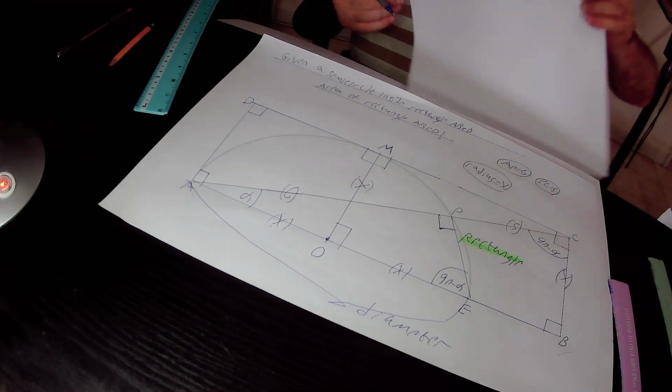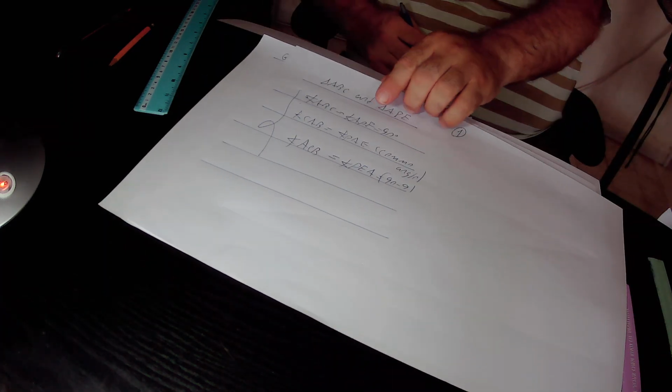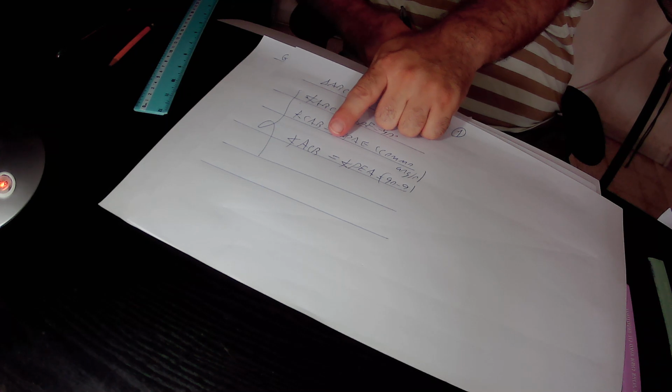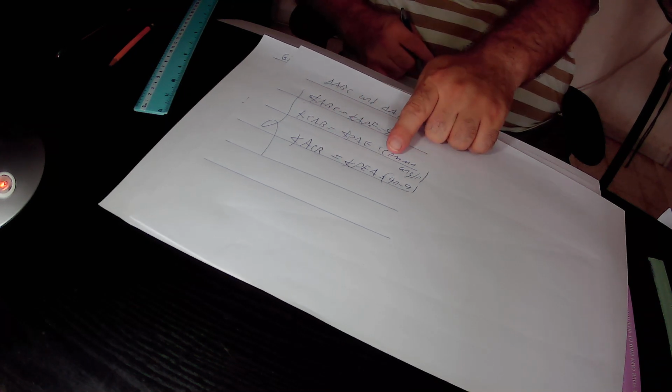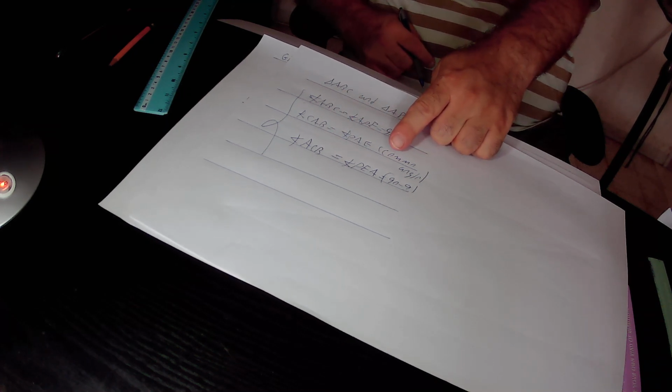Repeat again. Angle ACB in the big right triangle ABC equals angle PEA in the small right triangle APE.